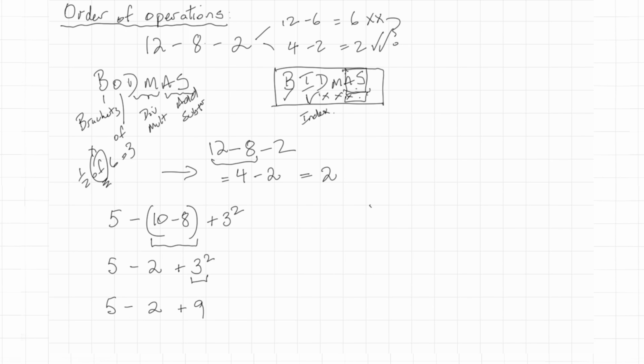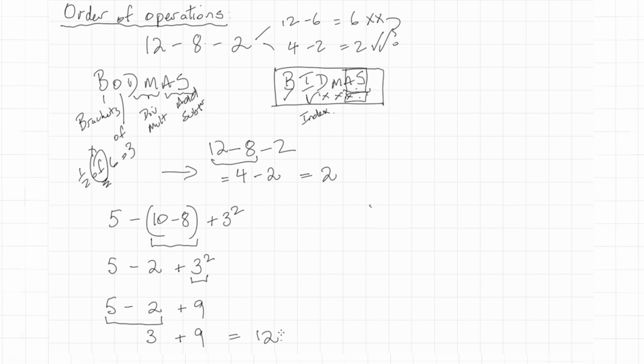Even though we've got an A and an S, they're still worth the same. We come across a subtraction first, so we do this bit first. 5 minus 2 is 3, plus 9, and we get an answer of 12.